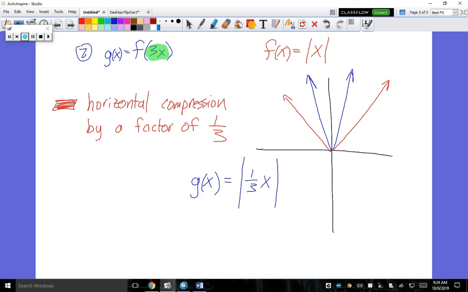At 1, it would be 1/3. You with me? But at 3, it would be what? 1. So did I just do, oh, I'm sorry. No one said anything. This shouldn't have been a 1/3. It should have been a 3. Right? So at 0, it's still 0. But at 1, it's what? 3. At 1, instead of being 1, like the original parent was, it's now way up here at 3.